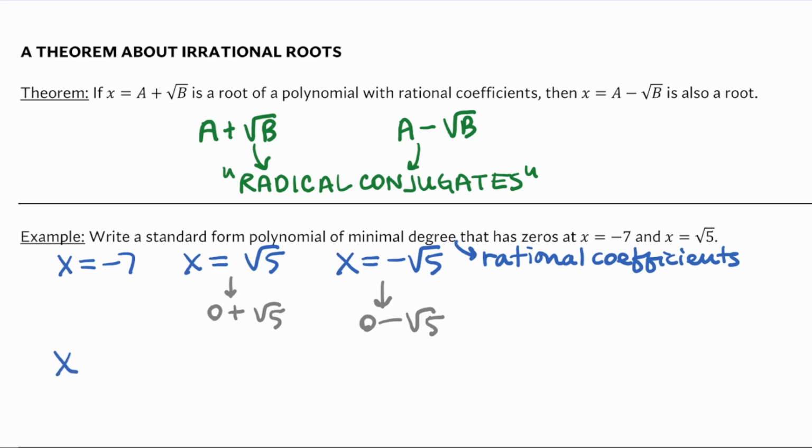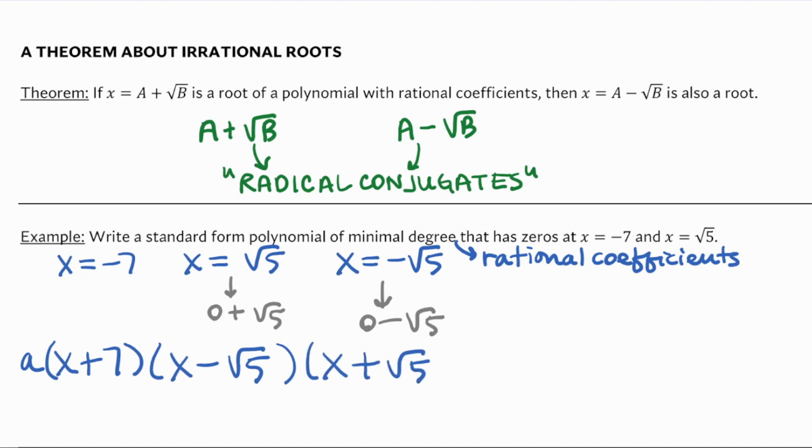So I've got some number, which I'm just going to keep assuming is 1 if it doesn't tell me to make the leading coefficient any different, which we will work problems where it does, but just maybe not quite yet. So x minus -7. Then over here I'm going to do x minus the square root of 5, and then on the other one I'm going to do x minus the negative square root of 5.